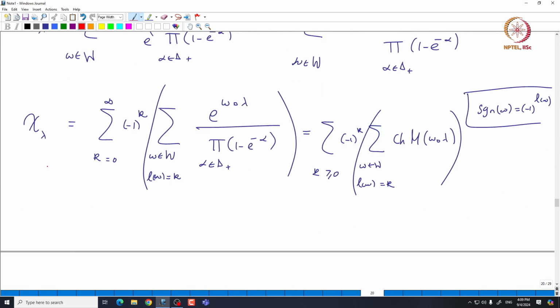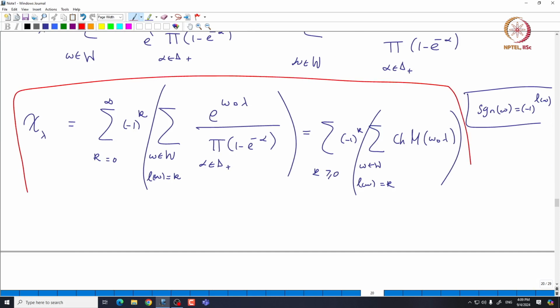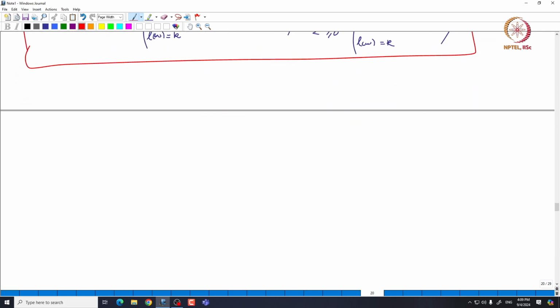So if you reinterpret chi lambda in terms of these characters of the Verma modules, then the BGG resolution immediately tells you that the character chi lambda is exactly the sum of the characters of the Verma modules that are involved there. This indeed follows from the following exercise.